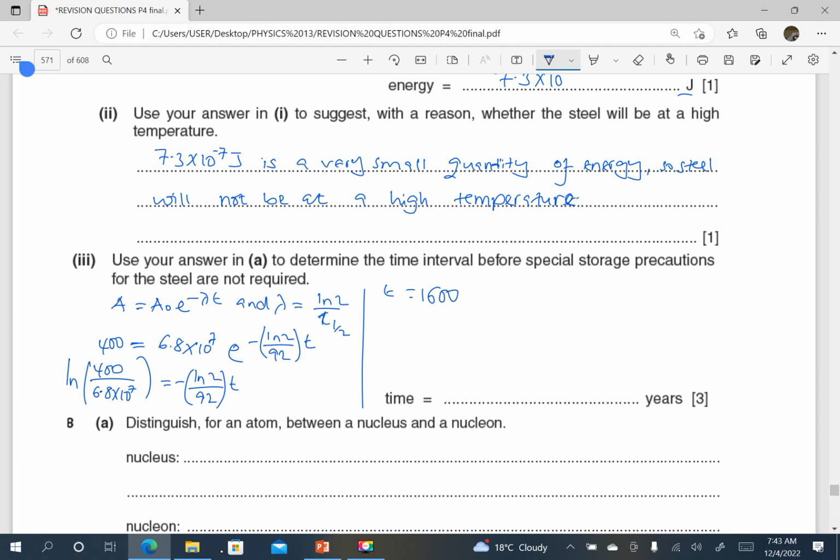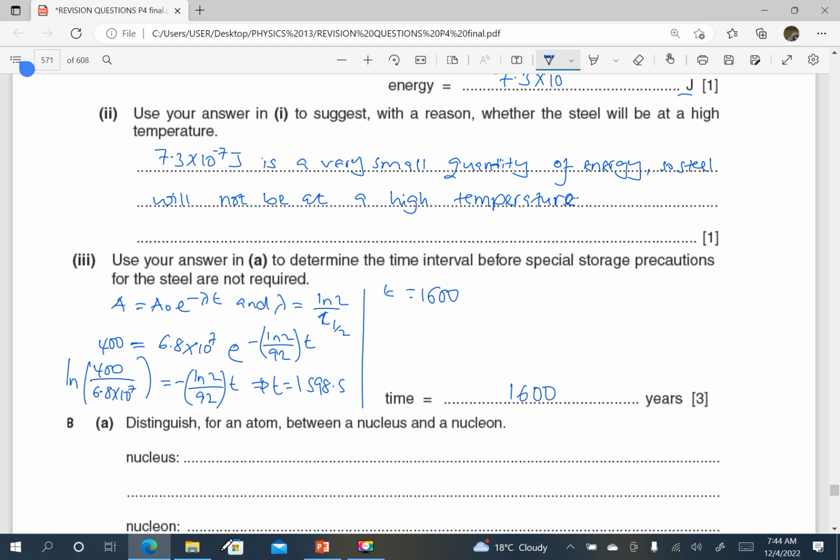Yes. So this is approximately 1,600. Time in years can always be rounded off to two significant figures. This is 1,598.5 years, which is approximately 1,600 years.